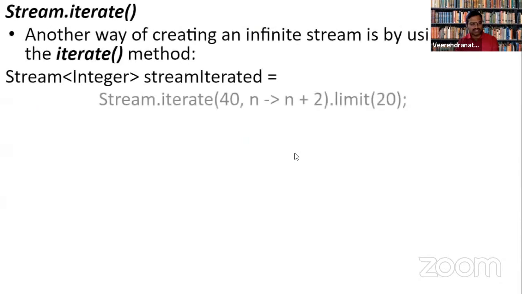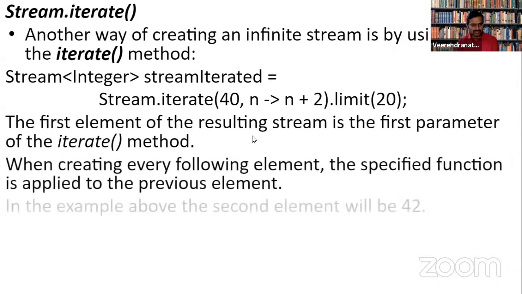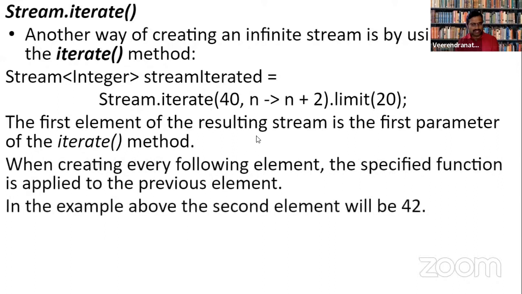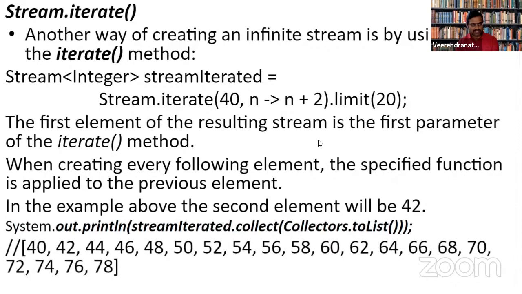The difference between the iterate method and the generate method is that the iterate method will take an element at the start, and that will be the first element, and the last element will be decided by the limit.